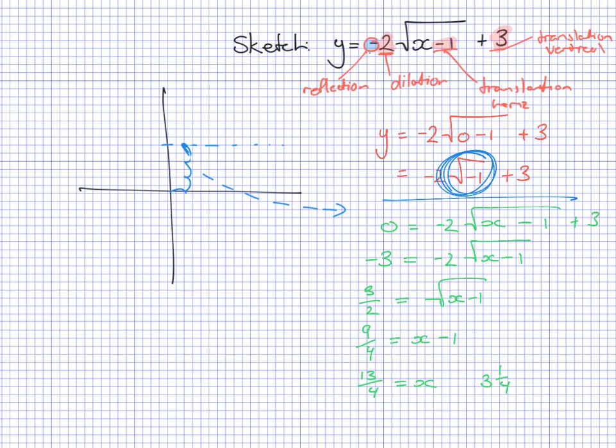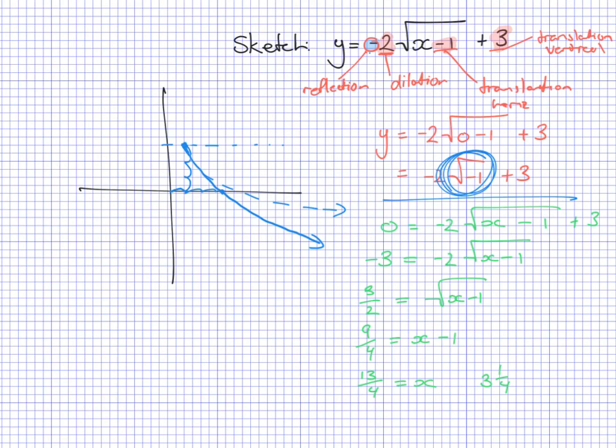So I'll make sure it's in keeping with the scale of my graph. 1, 2, 3, and there's a quarter there. All right, so knowing that there's no y-intercept, I've got this initial starting point and I've got the x-intercept. That's the only thing that I can possibly graph. So I'm going to join up those two dots with a curve.